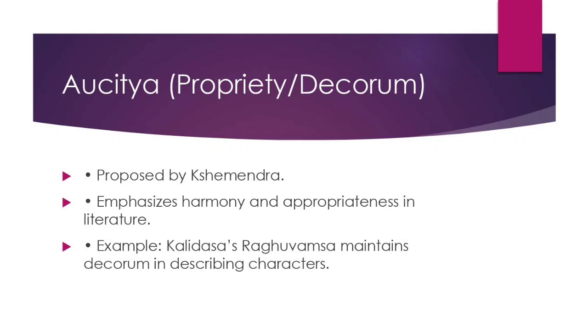So Auchitya theory maintains the aesthetic integrity. It enhances rasa, that is emotional impact, and it guides the literary excellence. If we take an example of an inappropriate Auchitya, to understand what actually Auchitya is, a hero laughing during a tragic scene would disrupt the emotional flow and break the audience's connection with the narrative.